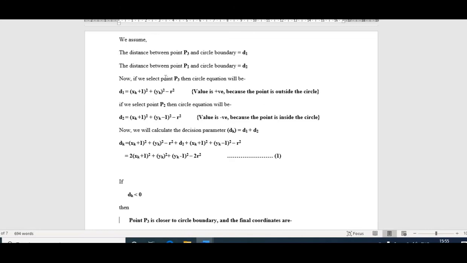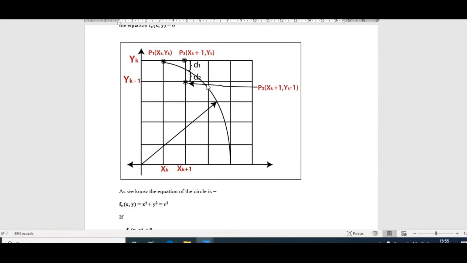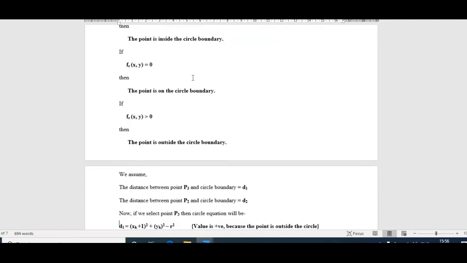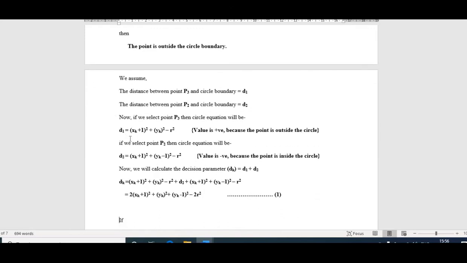Here the distance between point P3 and the circle boundary is d1, and between P2 and the circle boundary is d2. Then d1 is equal to x square plus y square minus r square, and d2 is equal to x square plus y square minus r square.